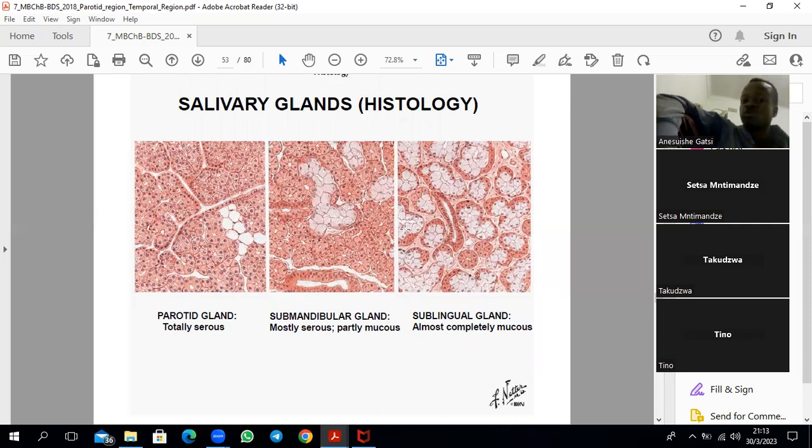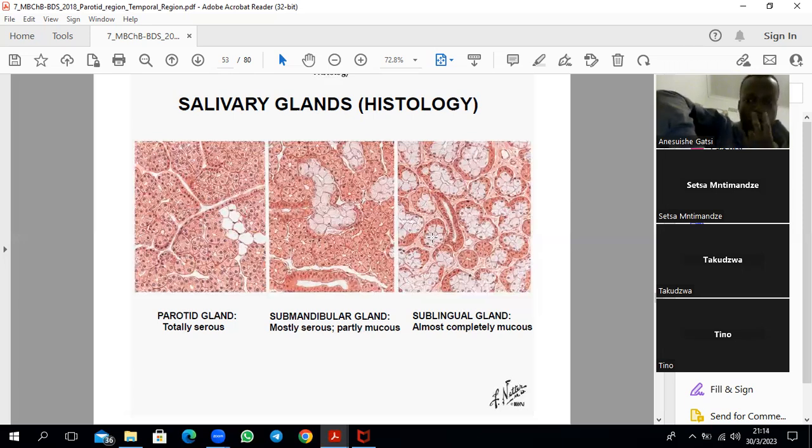Then the other 2, which are submandibular and sublingual, these are mixed salivary glands. They have a serous part, then they have a mucus part. A mucus secretion is a sticky, thick secretion which is rich in mucins.